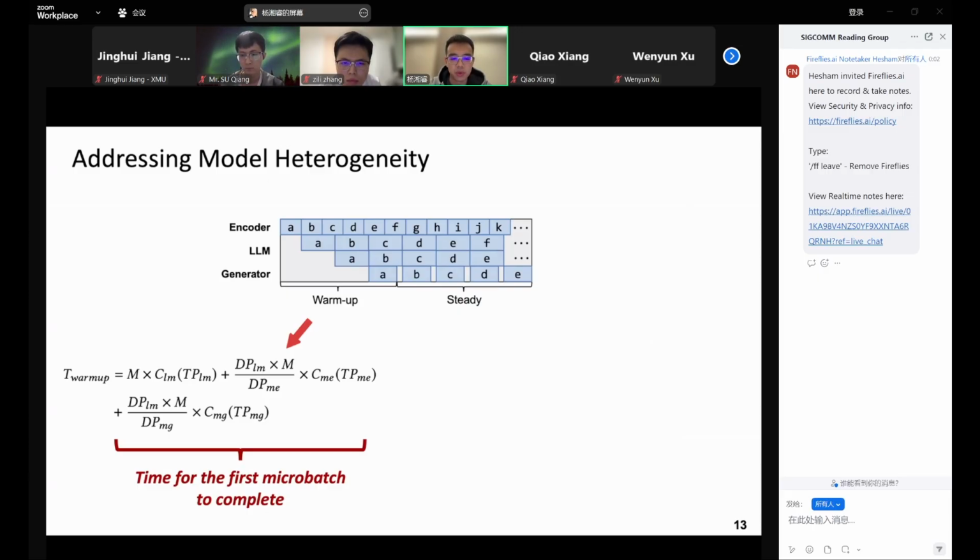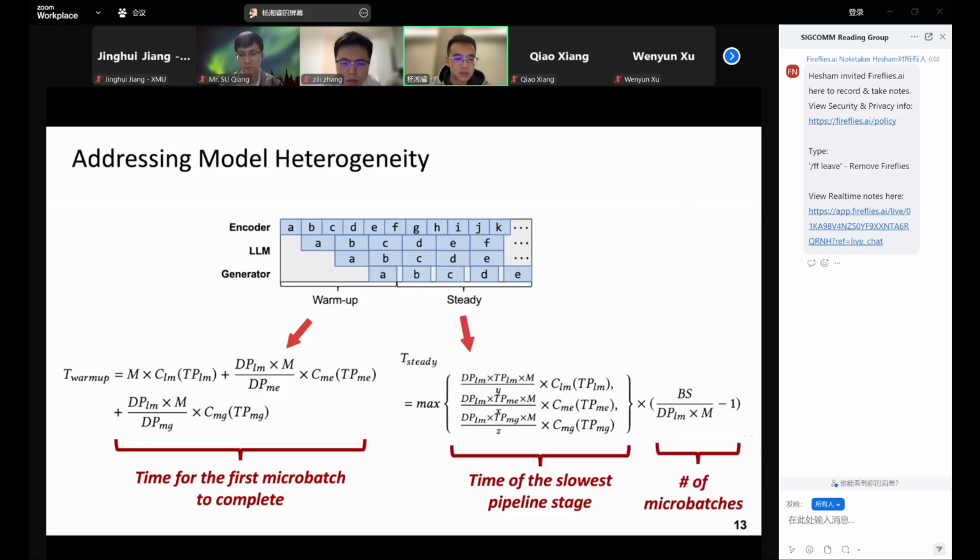Once the pipeline is full, we enter the steady stage. The performance here, T steady, is determined entirely by the slowest stage, the bottleneck, as captured by the max function in the second equation. The slowest stage defines the clock speed for the remainder of the batch.